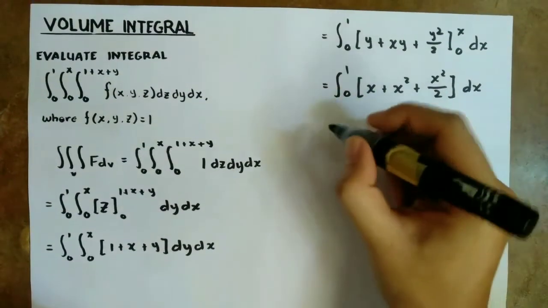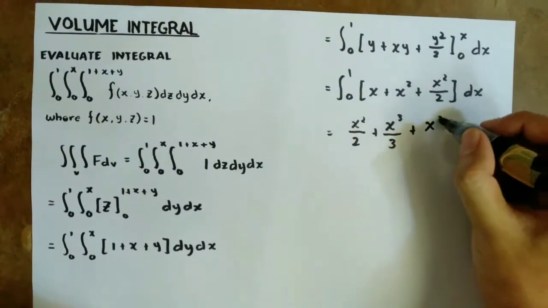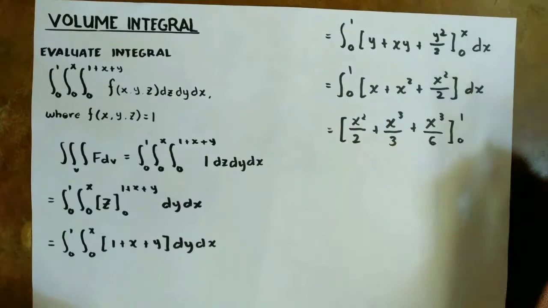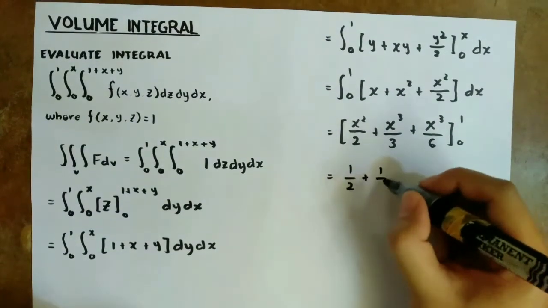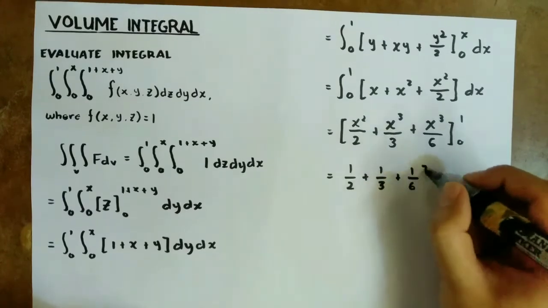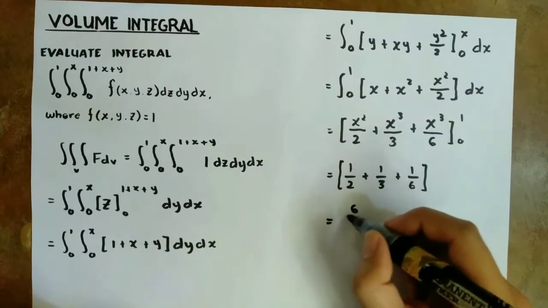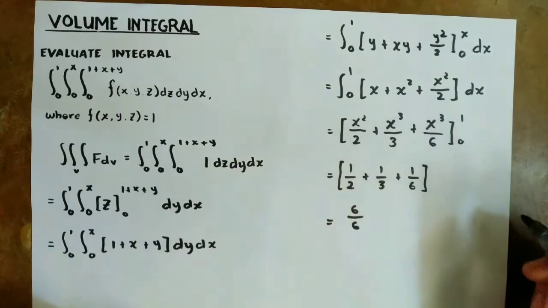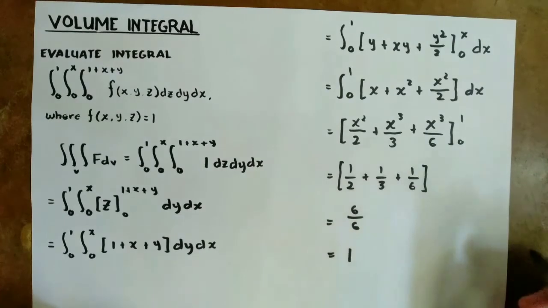And we get, by substituting the limits, we can get, and we finally get the volume integral, which is 1.